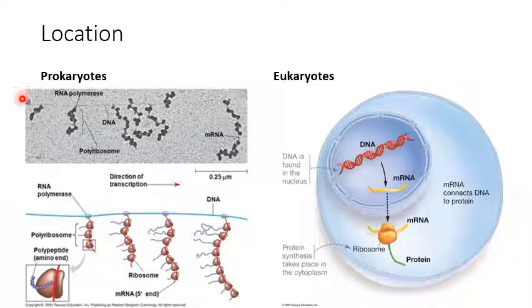So here, you can see, well, it's kind of faint, but there's a little line right here. That is actually a line of DNA in the nucleoid of a bacterial cell. All of these little dots coming off of it are ribosomes. And wherever that little line of ribosome dots connects to the DNA strand, there's a smaller little dot. Right there, right there, and right there. That small little dot is the RNA polymerase.